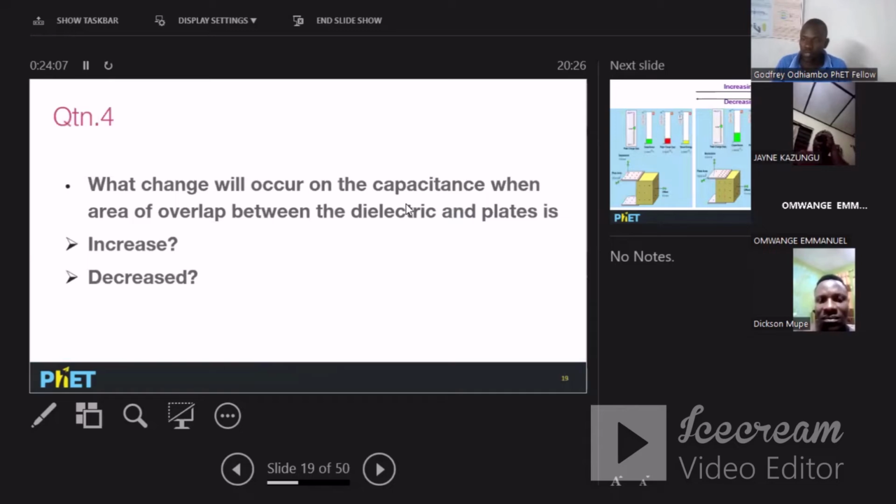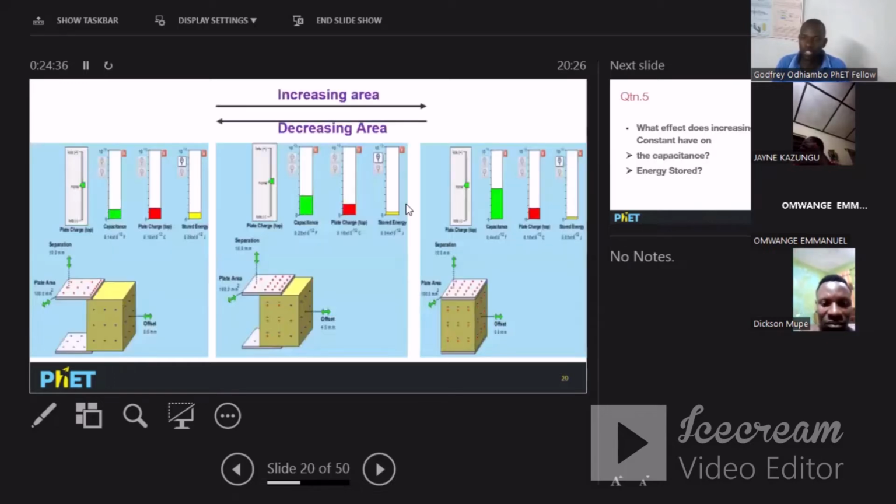The next one, question 4: what change will occur on the capacitance when the area of overlap between the dielectric and the plates is increased or reduced? After the students have given their suggestions and explained why they have chosen the answer, the teacher will demonstrate to the students using the simulation, as shown in that slide.